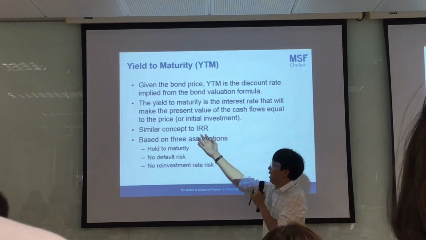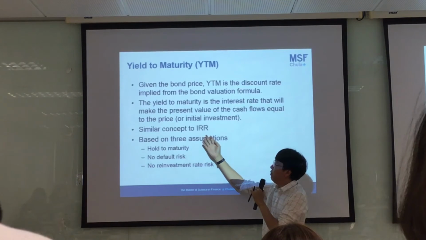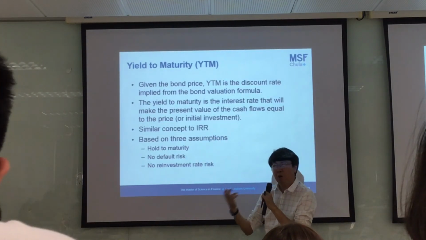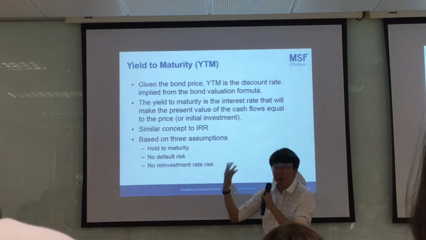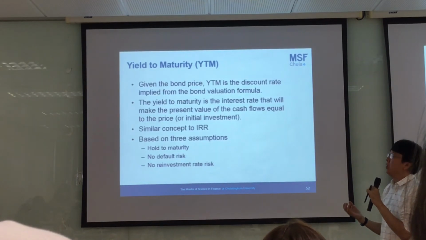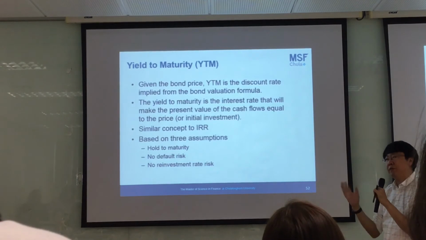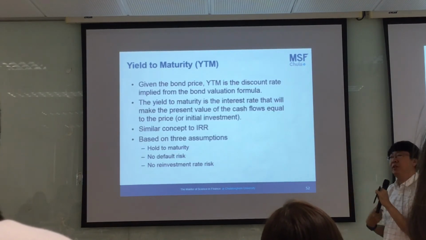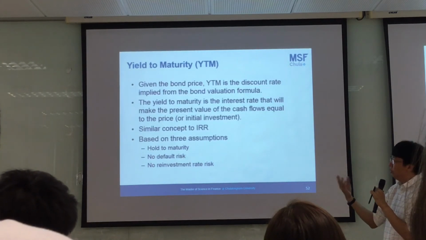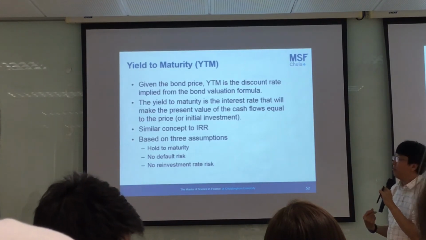Actually, yield to maturity and IRR are just the same thing. But we use a different word because one is applied to bond investment and the other is for business investment. The concept is exactly the same. It's just that the source of the cash outflow and cash inflow is different. Yield to maturity we use when we want to know the return from investing in a bond, a fixed income security.